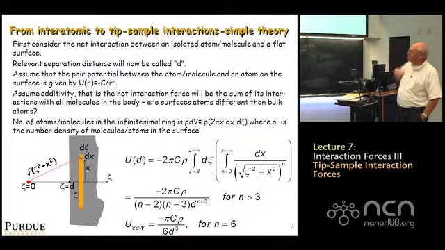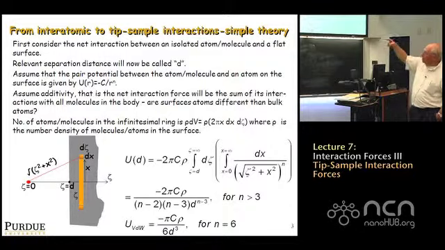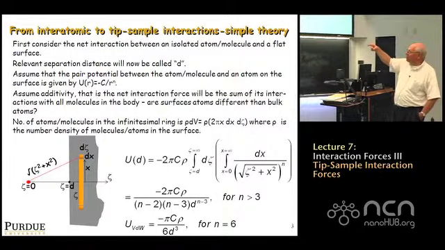The thickness of the ring in the radial direction is dx, and the thickness in the zeta direction is d zeta. So the total number of atoms enclosed in this ring is just rho times the volume of that ring, dV. And so I work out what dV is in terms of the relevant geometries.